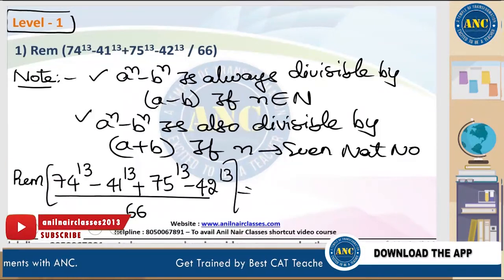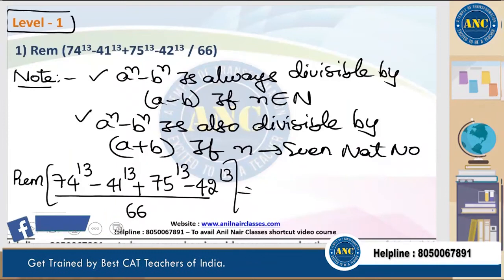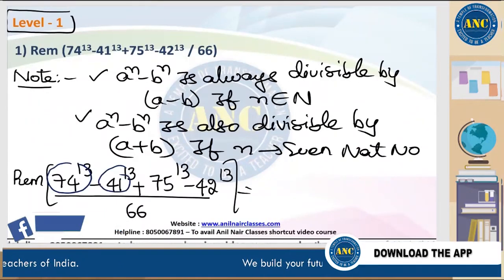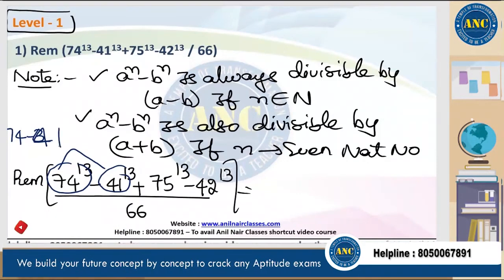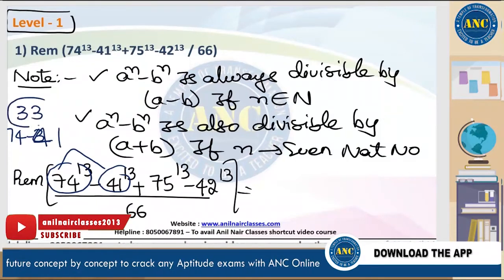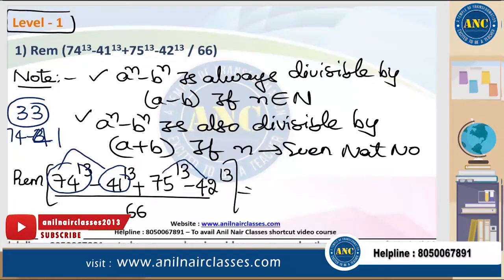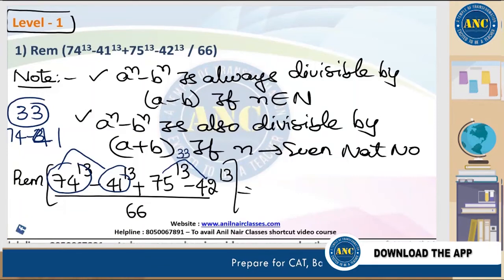A power n minus b power n is always divisible by a minus b if n is a natural number. The first pair is of this form, so it is divisible by 74 minus 41, which is 33. Similarly the third and fourth terms are also divisible by 33.